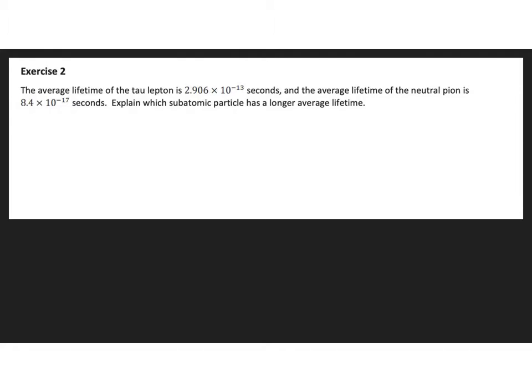Alright, it says the average lifetime of the tau lepton is 2.906 times 10 to the negative 13 seconds. Very small number. And the average lifetime of the neutral pion is 8.4 times 10 to the negative 17 seconds. Explain which subatomic particle has a longer average lifetime. So we're looking for the larger number or the bigger number.